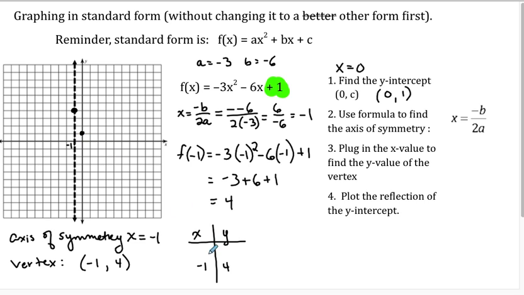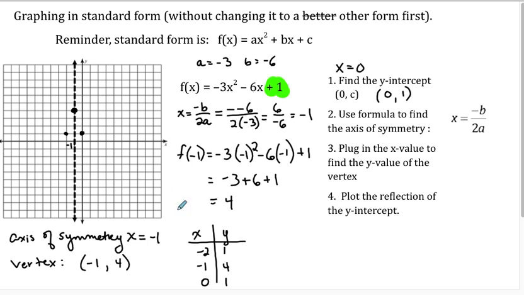So I know that at 0, which is one beyond negative 1, my point is 0, 1, which means that if one to the right has a vertical coordinate of 1, then one to the left of my axis of symmetry will also have a vertical coordinate of 1. So that's the point negative 2, 1. And so there I've got 3 points.